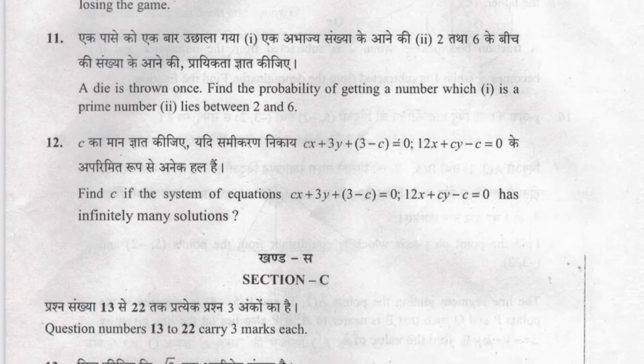12th question. In this we need to find C if the system of equations cx plus 3y plus 3 minus c is equal to 0 and 12x plus cy minus c is equal to 0, and these two equations have infinitely many solutions. So basically these two equations are of the same line or the lines coinciding.